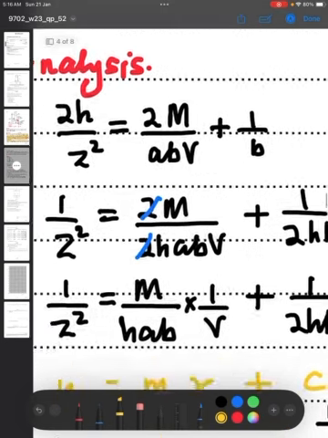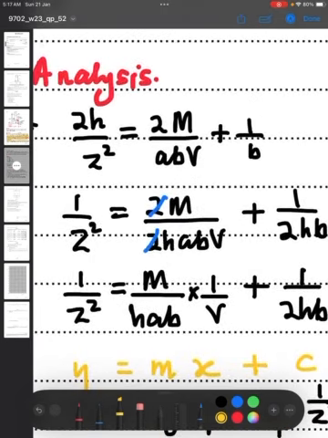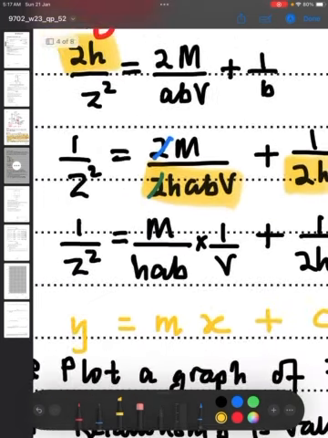So first things first, as you can see here, I divided everything by 2h. Here 2h was here, then I was left with 1 over z squared. Since the relationship that I want to find is between z and v, you can see that it's 1 over z squared on the one side, and here it's 1 over v.